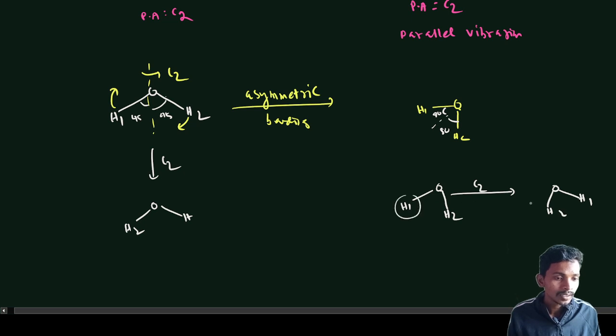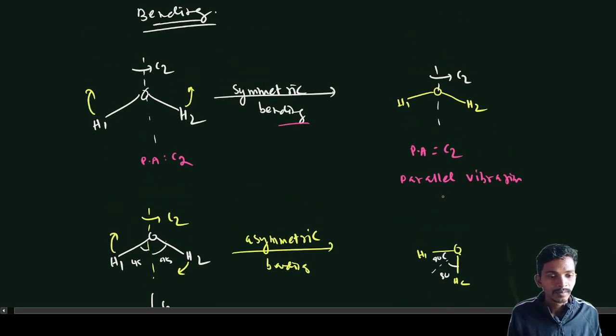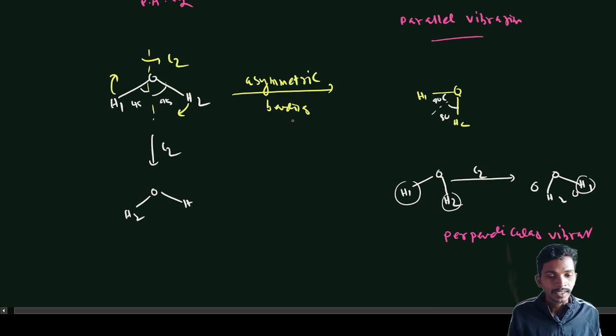In place of the atoms there are no atoms, so the C2 axis is absent. So this is a perpendicular vibration. Symmetric bending is a parallel vibration here, and asymmetric bending is a perpendicular vibration here.